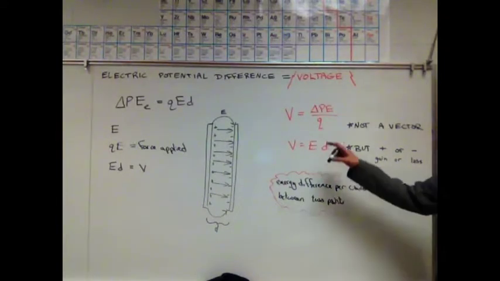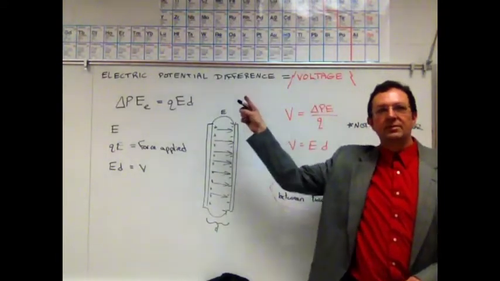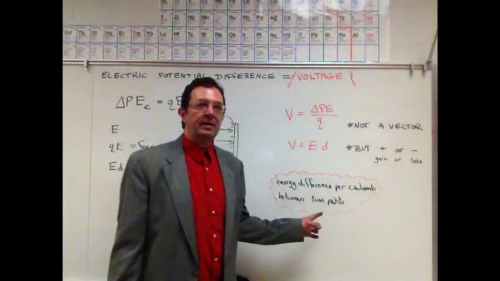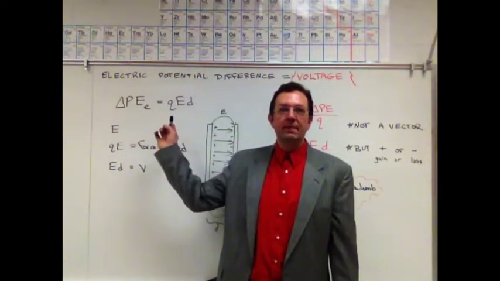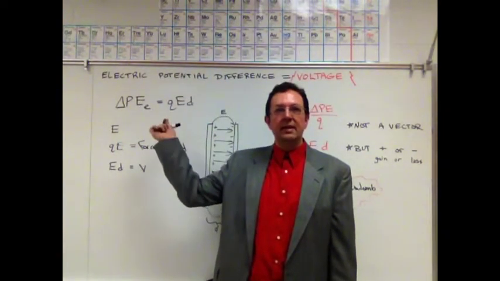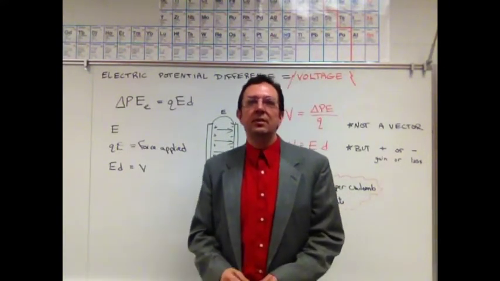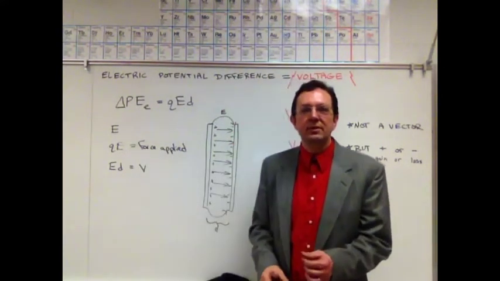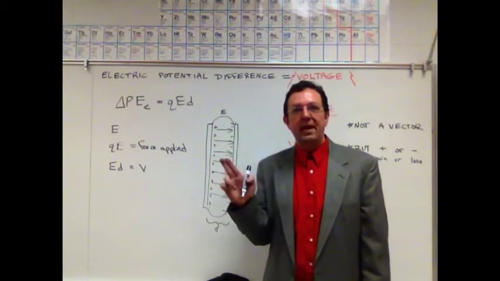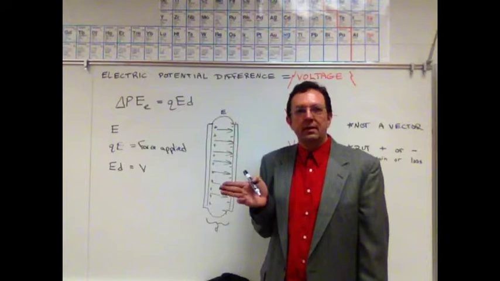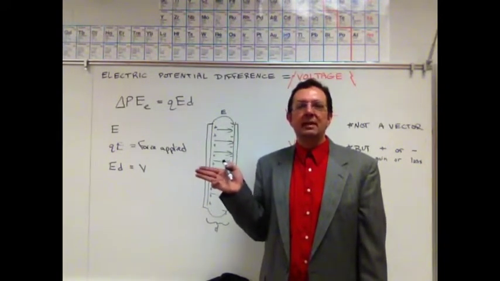Again, remember that if you're asked for a definition of voltage, it is electric potential difference, and it is this basic definition right here. Because again, you're taking this equation, the QED, and taking the charge out of it and just looking at the ED. It's really convenient because you don't have to deal with the particular charges, and for situations like batteries, and receptacles in the wall that you plug into, they will always provide the same voltage.